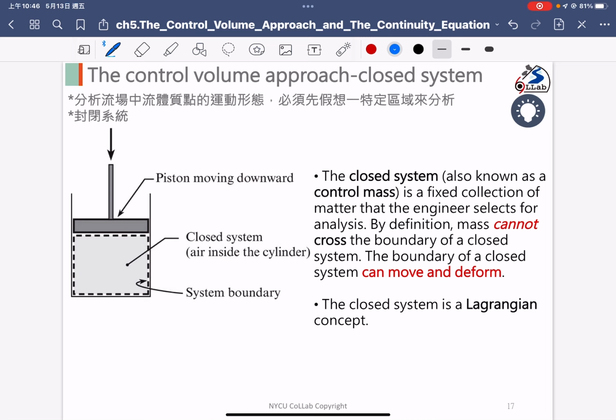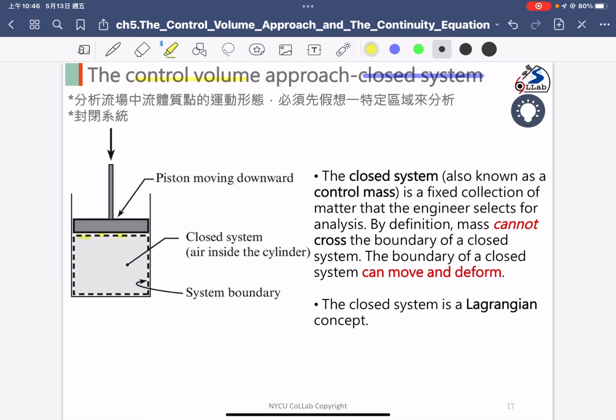The first one is the control volume, and the second is what we call the closed system. The figure shown here depicts the closed system boundary.